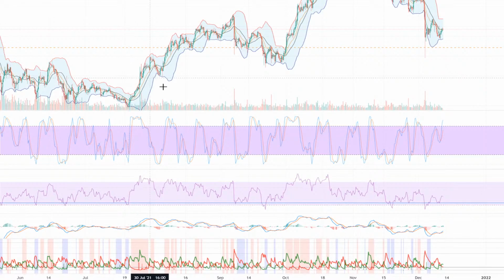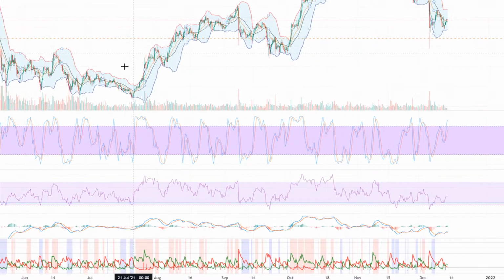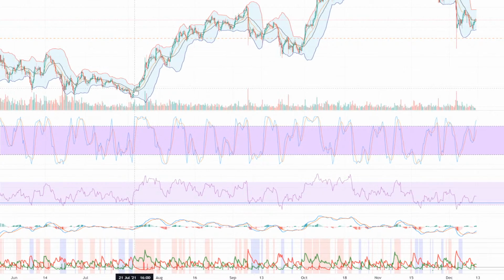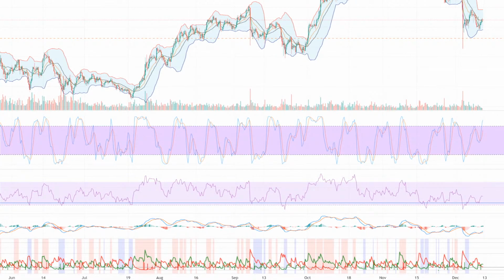And what I look for is on the candlesticks. I go back up here. We have a negative value on the MACD. The blue line has crossed the slow red line. We'll zoom in a bit.